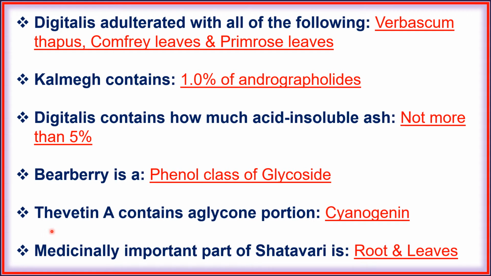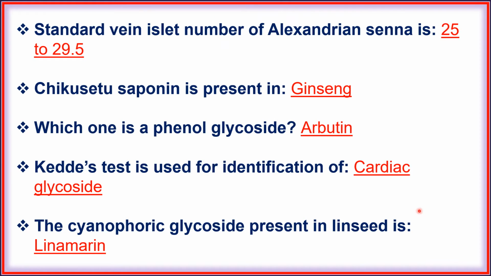Next, Thevetin A contains a glycone portion, that is cyanogenin. Next, medicinally important part of Shatavari is root and leaves. Next, standard vein islet number of Alexandrian senna is 25 to 29.5.